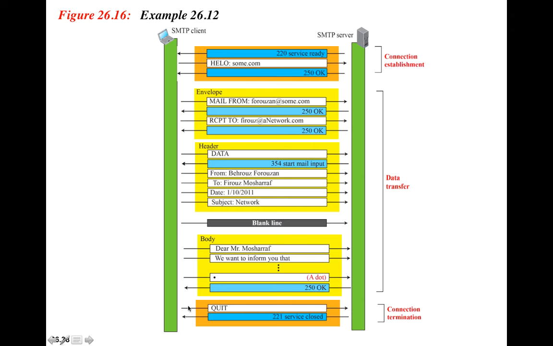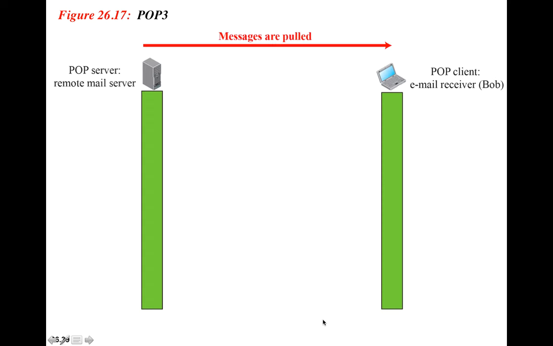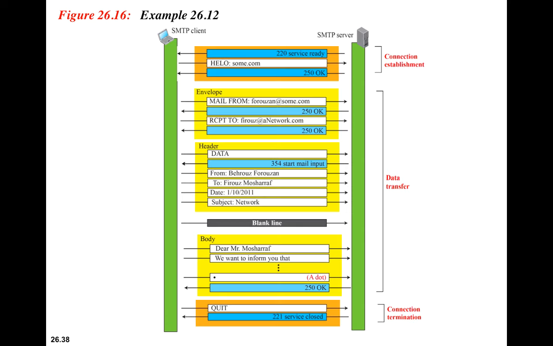The client then requests a quit saying it wants to end the connection, and the server responds with the 221 code, service closed. So this is how we send an email from the SMTP client to the SMTP server.